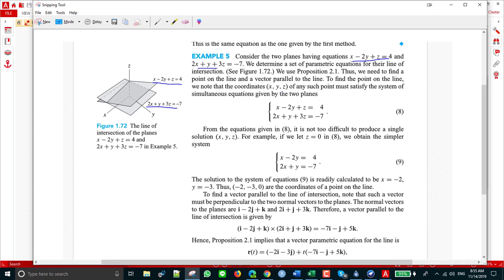So that's fairly simple. We just take these two, and we want to find a point on this line of intersection.